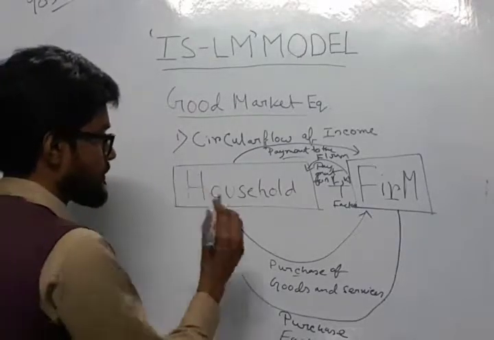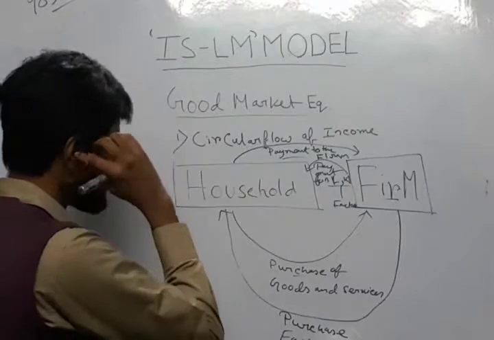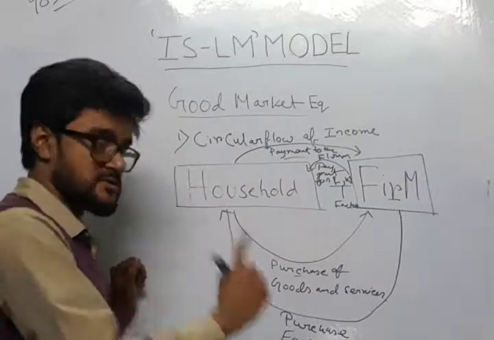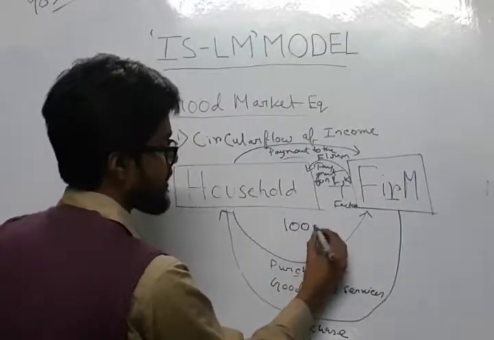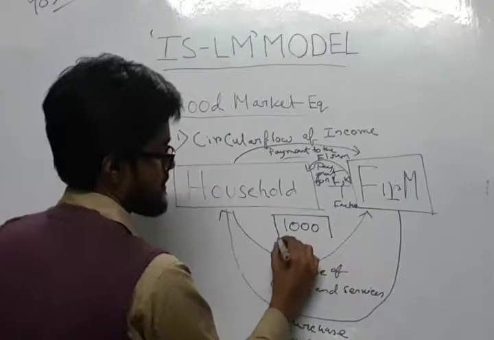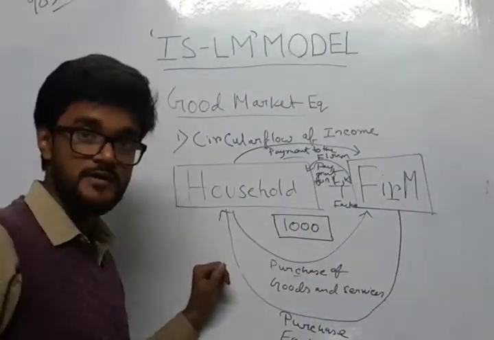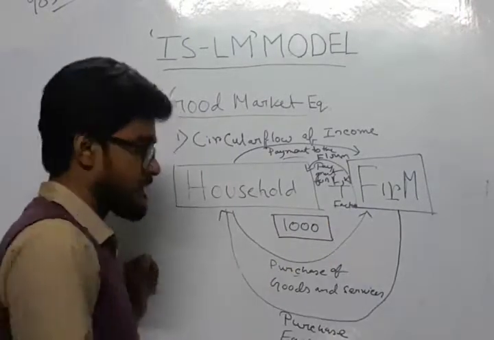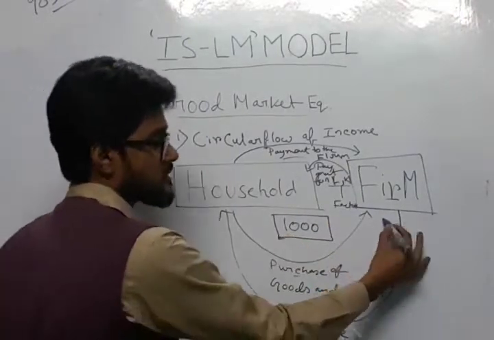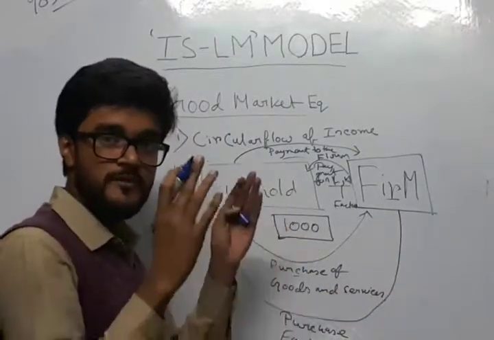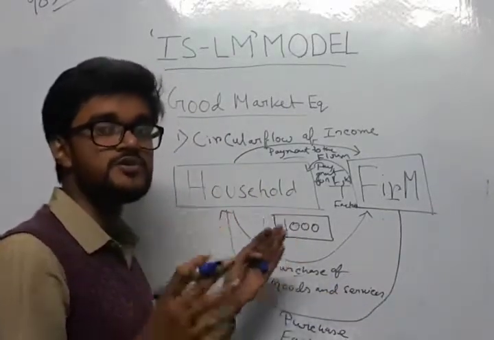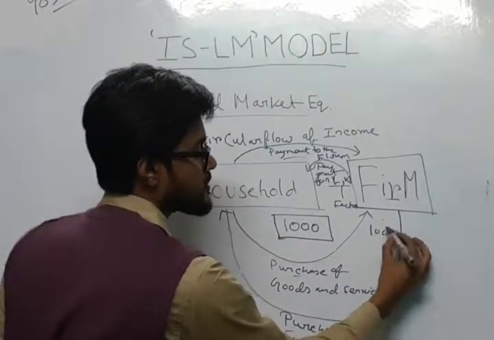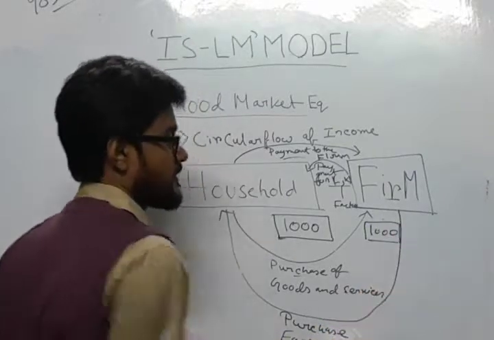Now as you can see, suppose for an example, in an economy there are only 1,000 rupees. Let's say there are only 1,000 rupees in the economy. Now, out of this 1,000 rupees, a firm will, let's say, produce goods. The firm will produce goods worth 1,000 rupees.